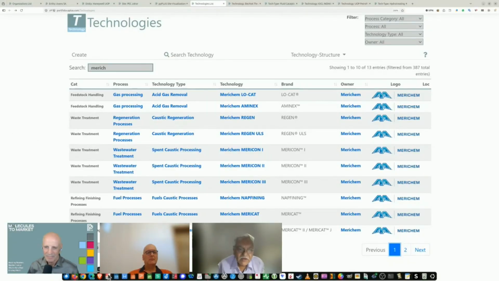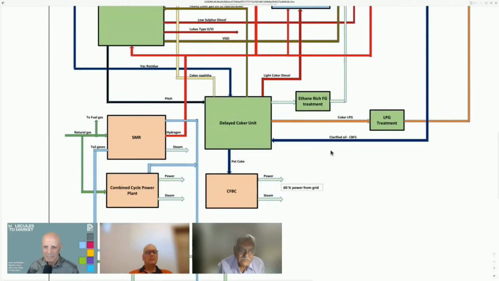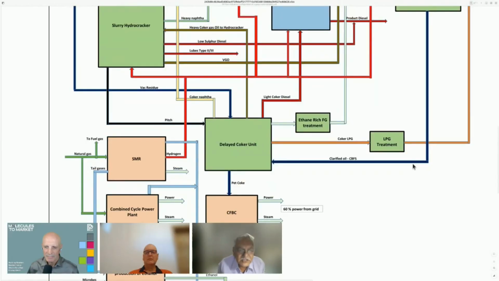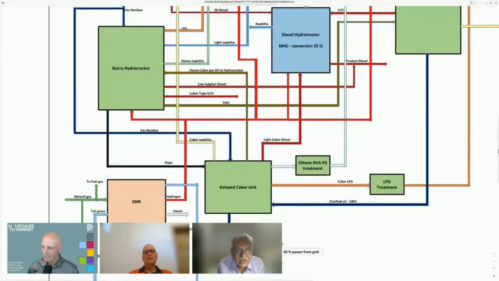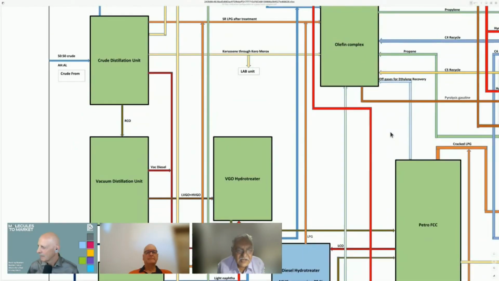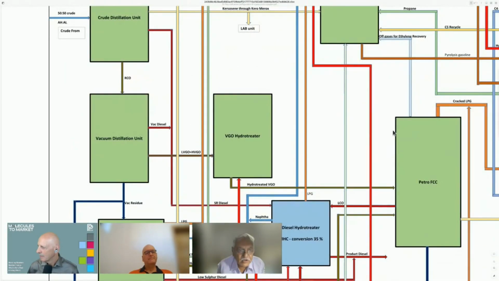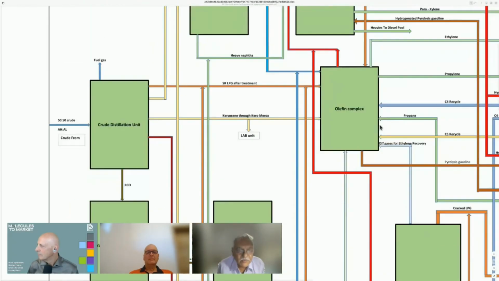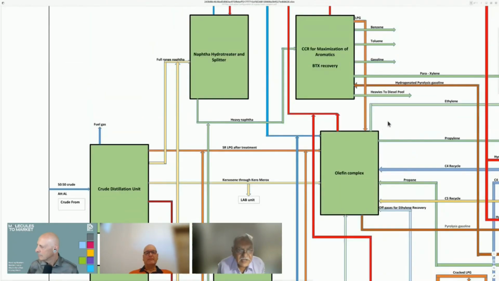So we can go back. If you look into the refinery, you can just scroll up from here. You'll see CDU, VDU, DSDT, VGO hydrotreater, delayed coker, FCC, the olefin complex we just discussed. Then go up further, and the aromatic complex.